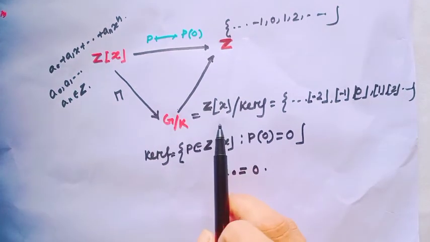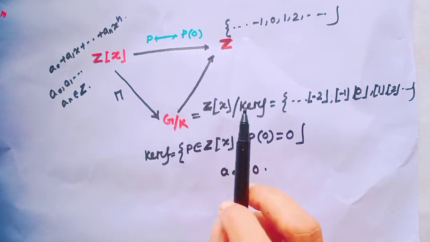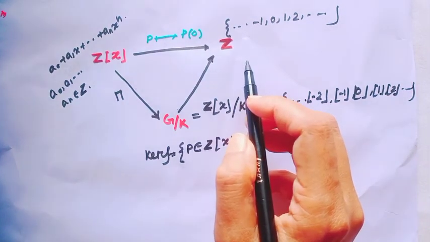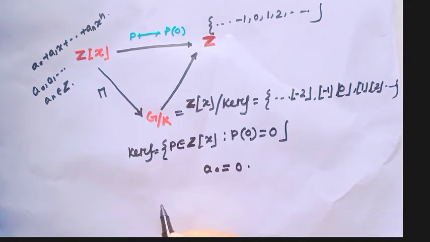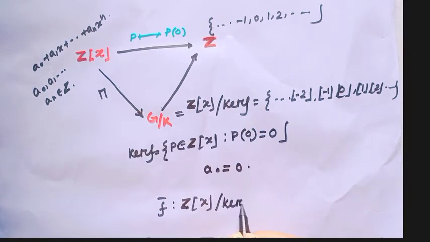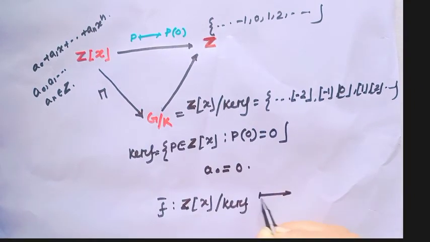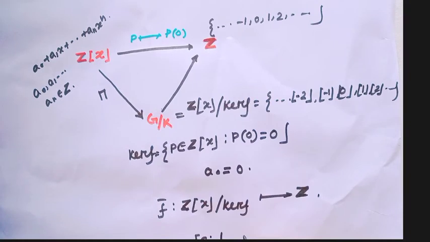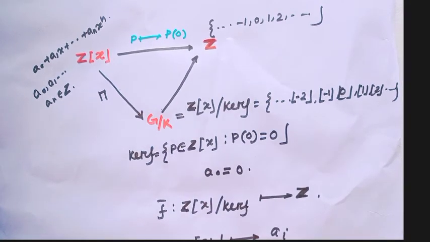Then we can define an isomorphism from Z[x] mod ker f to Z. The mapping looks like f bar from Z[x] mod ker f to Z such that the equivalence class of a maps to a.